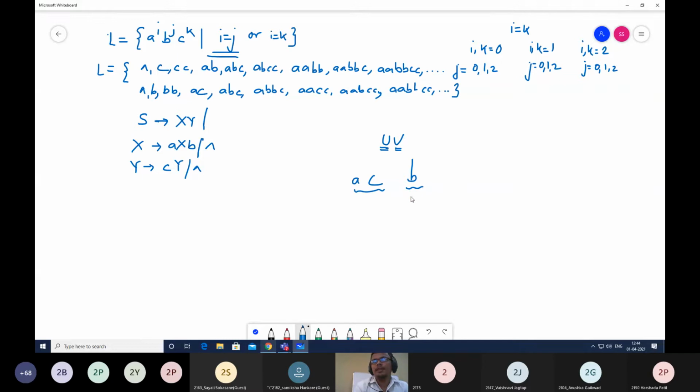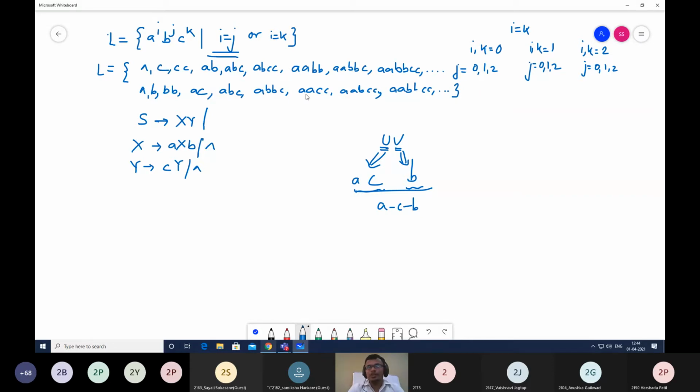Are you getting this? So if I write UV over here, and for U I repeat the pattern of A and C, and for V I write B, then the sequence of the string will be A's, then C's, and then B's. But in my original string, if you observe, I should first get A's, then B's, and then C's.